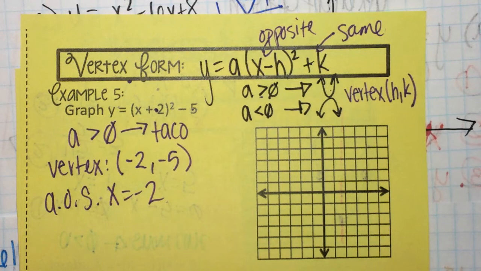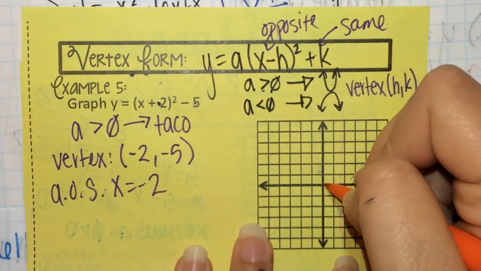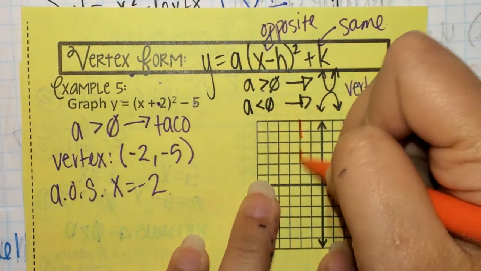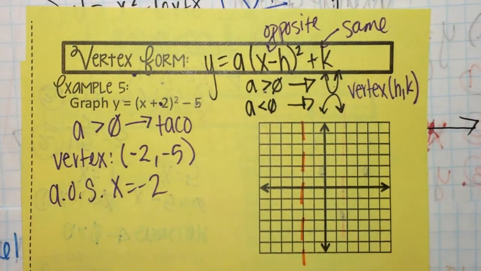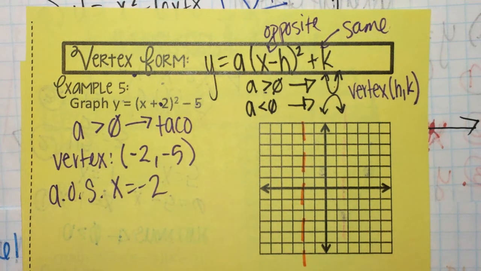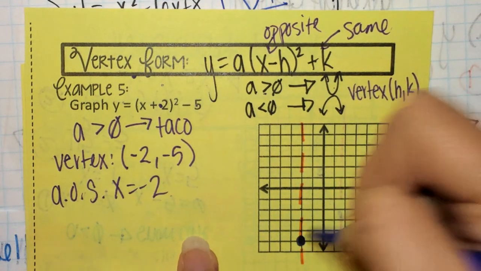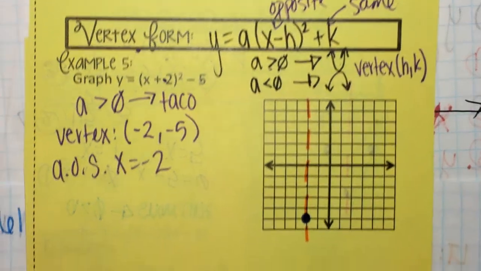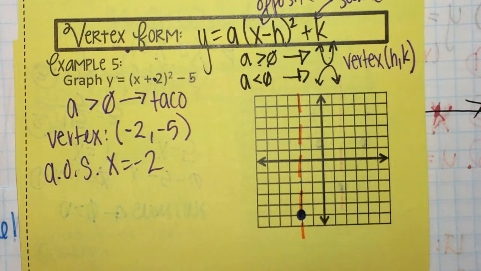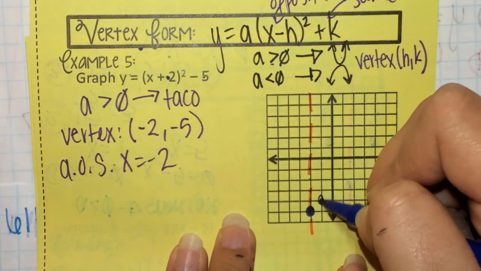Now, you have to use a little bit of witchcraft to be able to graph this one. Everybody go left 2 and put your axis of symmetry. Then plot your vertex by going left 2, down 1, 2, 3, 4, 5. And then prepare for the magic. First you go up 1, right 1.